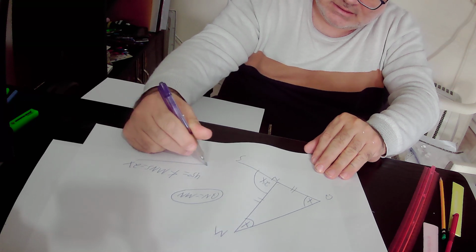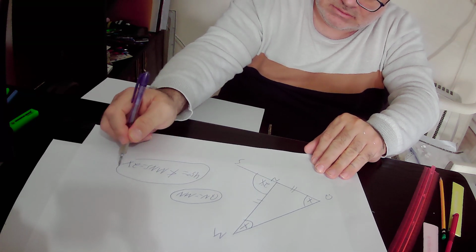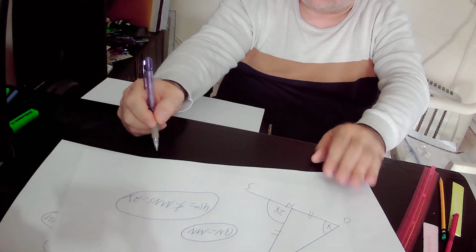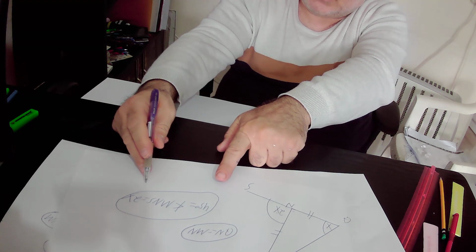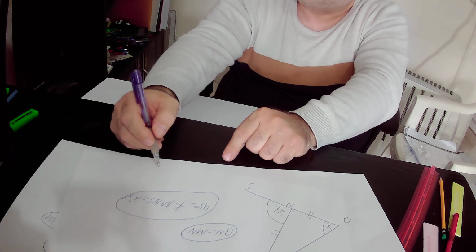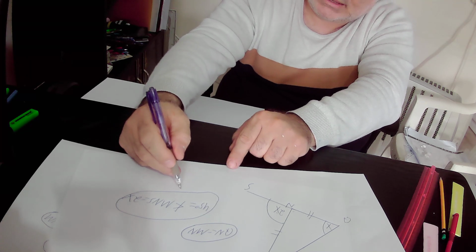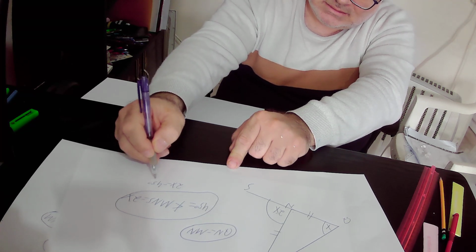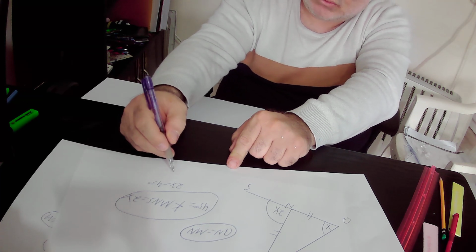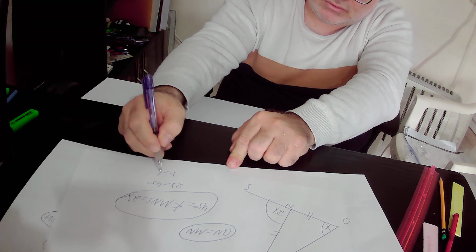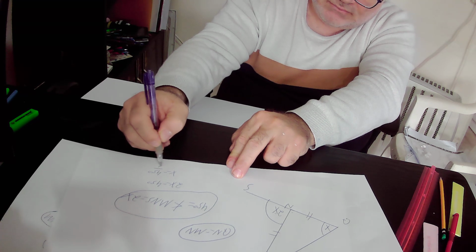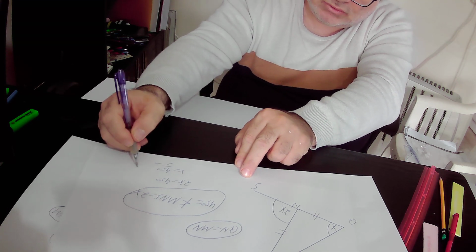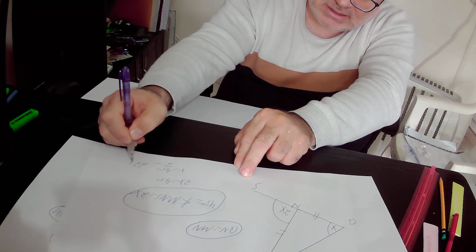So from this equation, we conclude that 2x equals 45 degrees. We divide this equation by 2 and get that x equals 45 degrees over 2, which is 22.5 degrees.